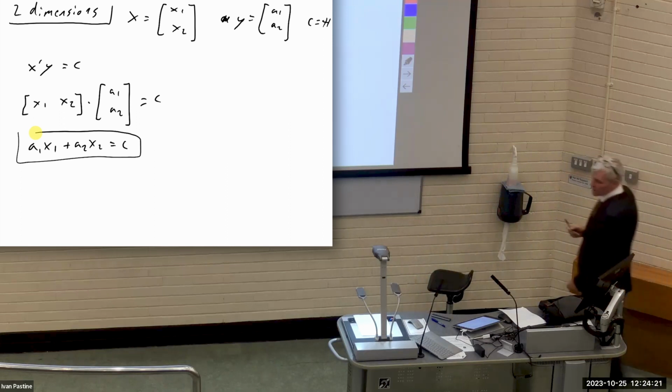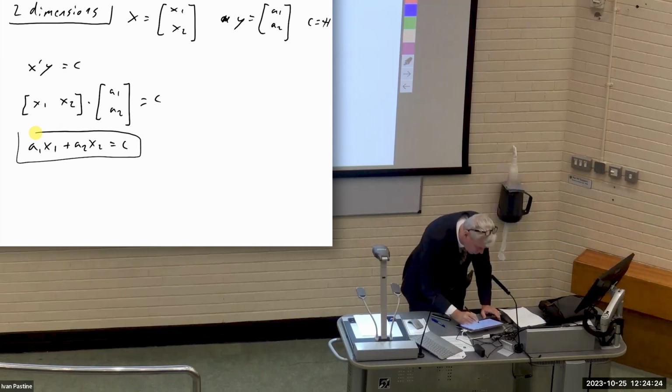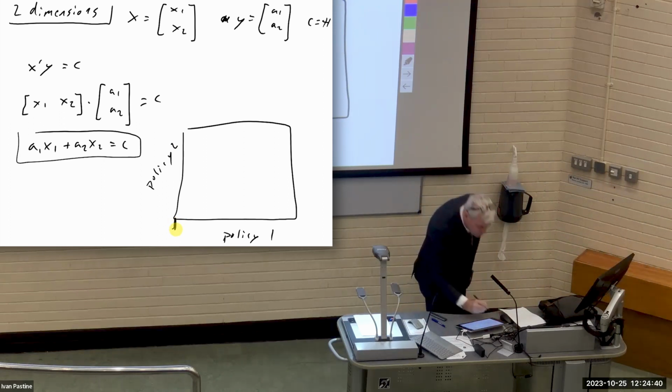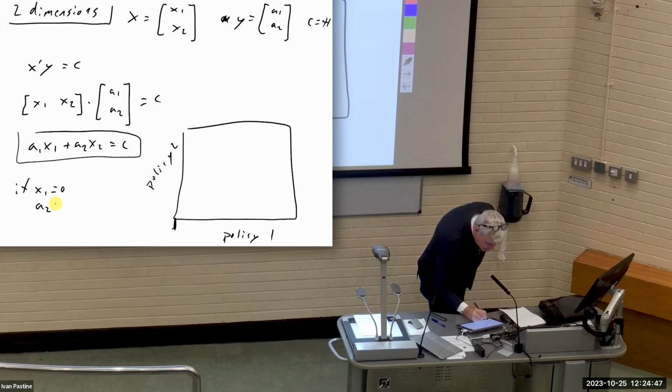So if we graph this thing, right here we got policy 1. Here we've got policy 2. And we imagine that policy 1 is 0. x1 equals 0. Then a2 x2 is equal to c, and x2 is equal to c over a2.